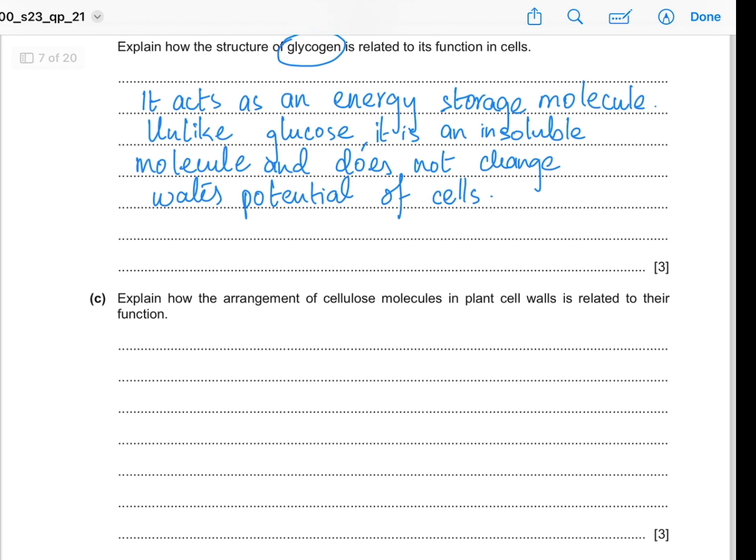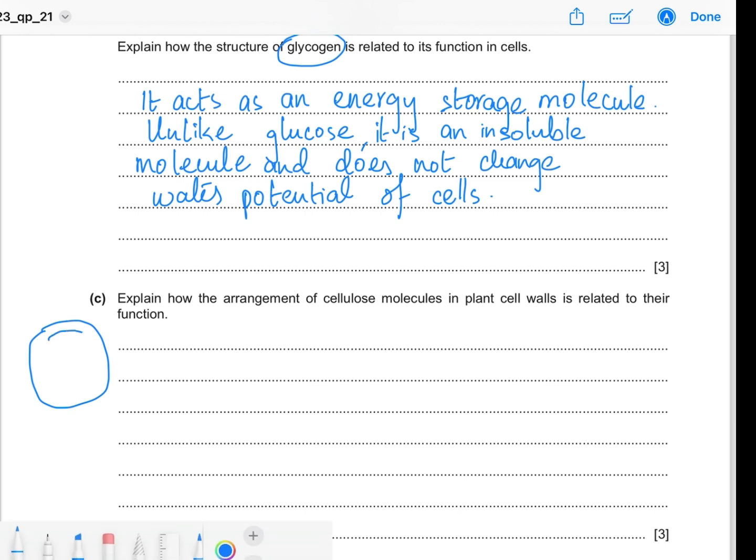C. Explain how the arrangement of cellulose molecules in plant cell walls is related to their function. The function of cellulose molecules in plant cells is to provide the cell with turgidity, or in other words, it's supposed to keep the plant turgid when the plant cell has a lot of water inside of it.